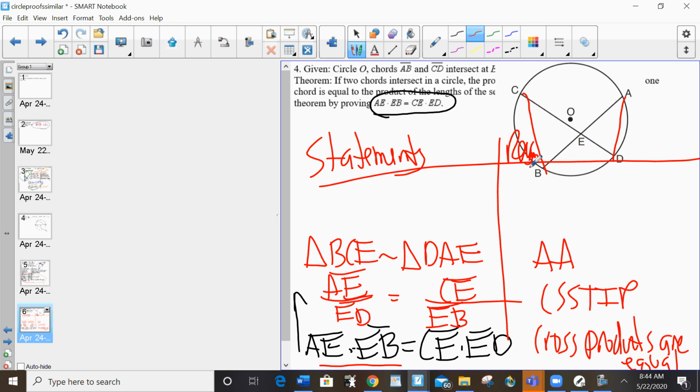That got a little messy. In fact, whatever, we'll deal with it. Now that you have that, you know you need to prove those two triangles are similar. You need to prove AA. I'm going to give you a couple minutes to try and get those two angles.